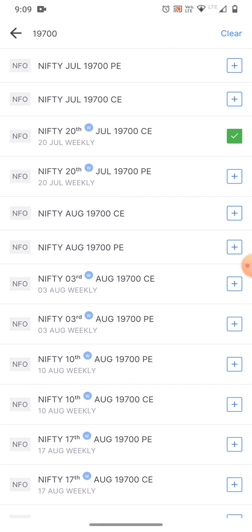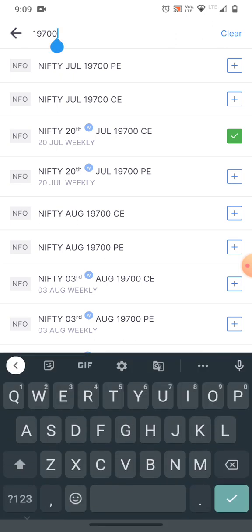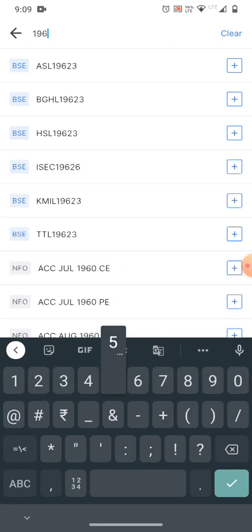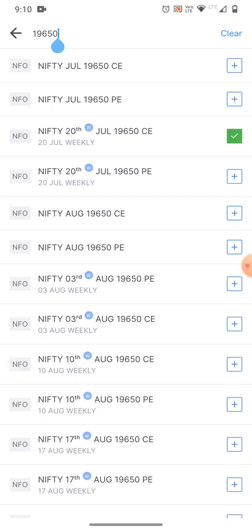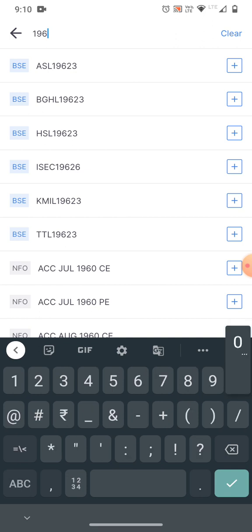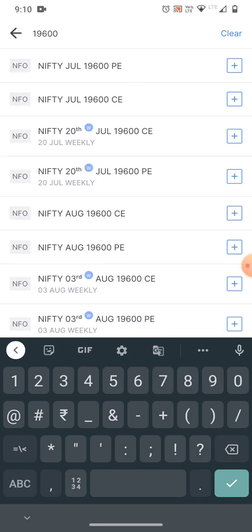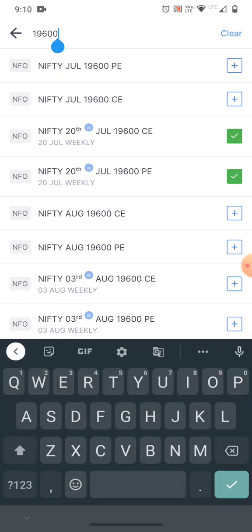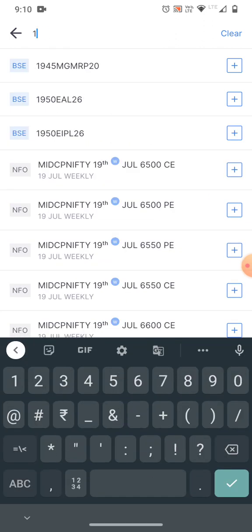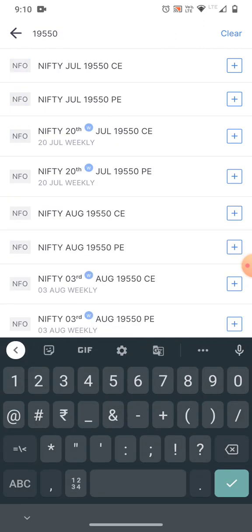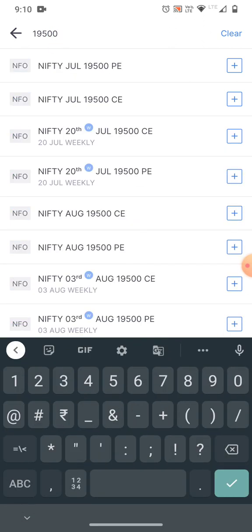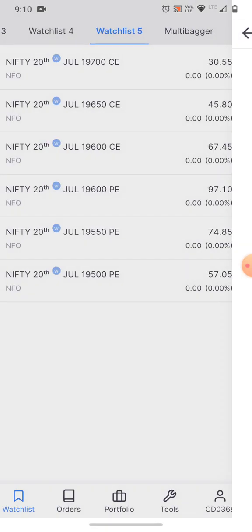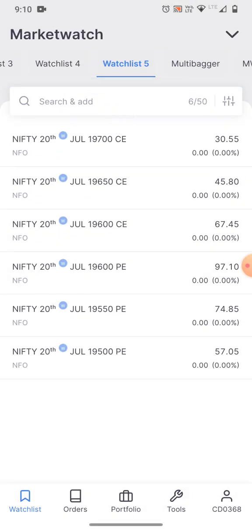20th July means this expiry contracts we will add. 650, 600, 550, 500.